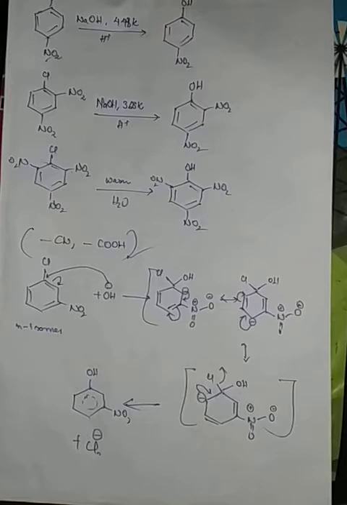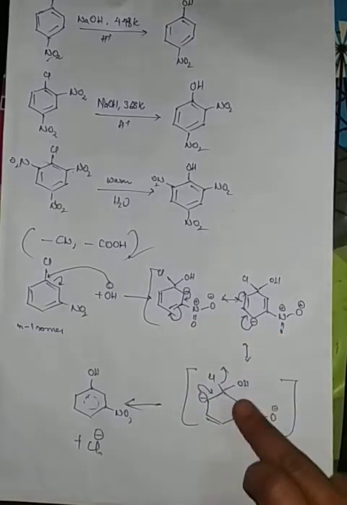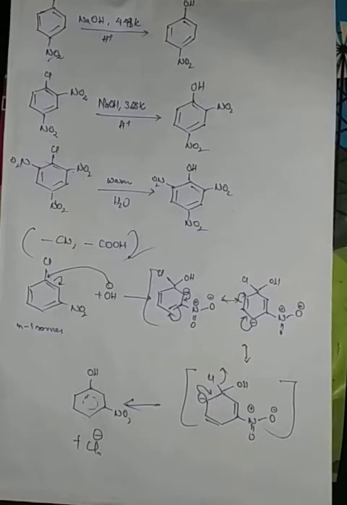that in the resonating structures, in the case of meta-nitro chlorobenzene, in these three resonating structures, none of the resonating structures bears a negative charge on the carbon atom. That means we are focused on this carbon atom.